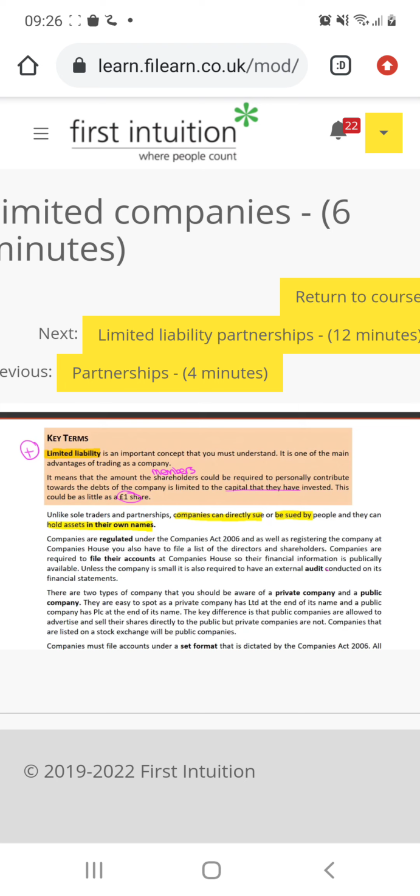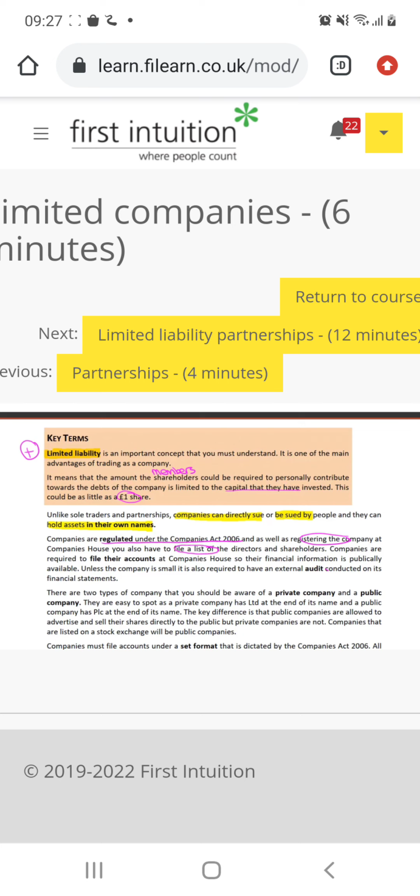A few things that you need to be aware of in the next paragraph. Companies are regulated under the Companies Act 2006, and as well as registering the company at Companies House, you also have to file a list of the directors, the company secretary if applicable, and the shareholders.